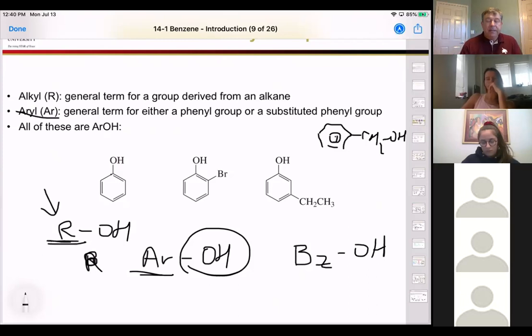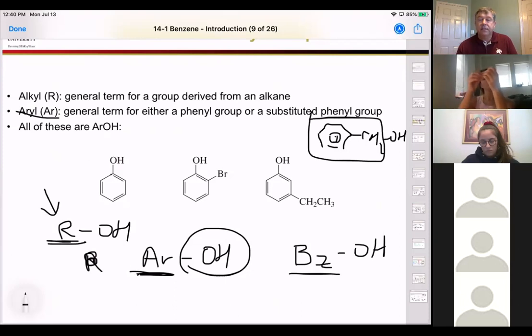So R means alkanes and alkenes, AR means a benzene ring or a phenyl group, and the benzyl, BZ, stands for the benzyl group, that benzene with a CH2 in between that and whatever functional group you have. Okay, so that brings us to the end of part 1 of chapter 14.